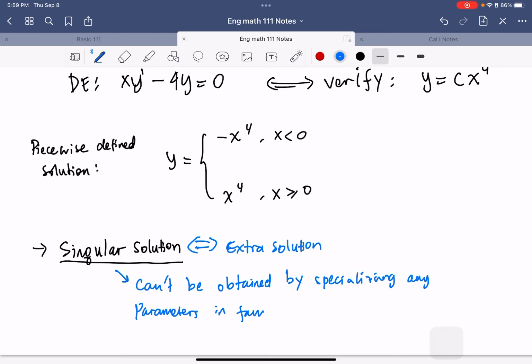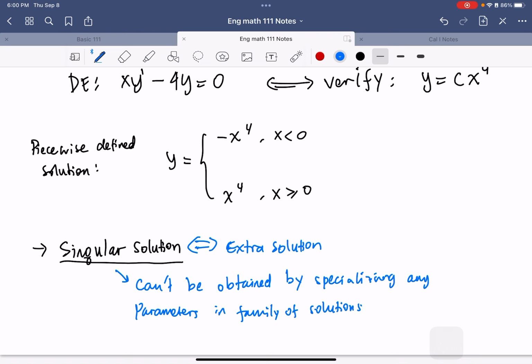in the family of solutions. So what does it mean? It's the solution that is outside of the equation that we have.